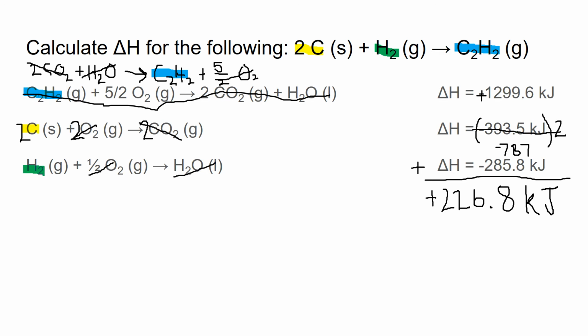Then you have to make sure you have the correct molar quantities of all of them. So we were good for the C2H2 and hydrogen, but we had to multiply this by 2 to match the 2 carbon here. As always, make sure if you flipped something, you change the sign. If you multiplied, make sure you multiplied by something here. Add up all your numbers, positive 226.8 kilojoules.